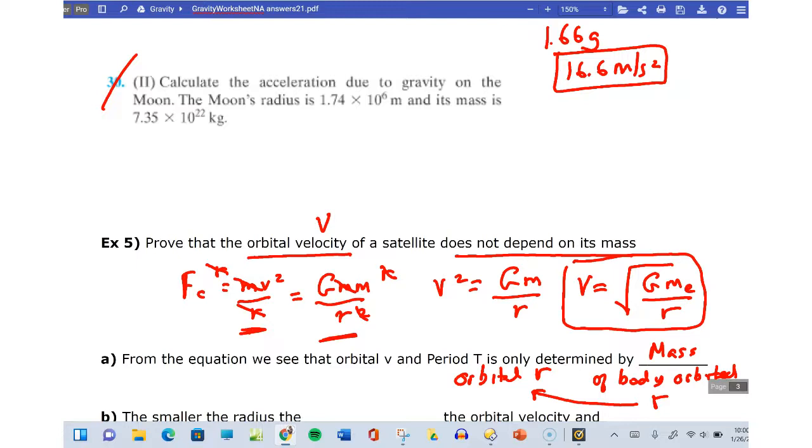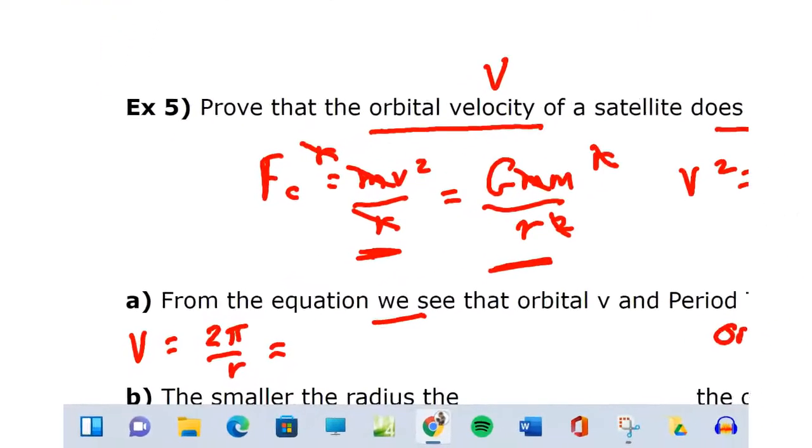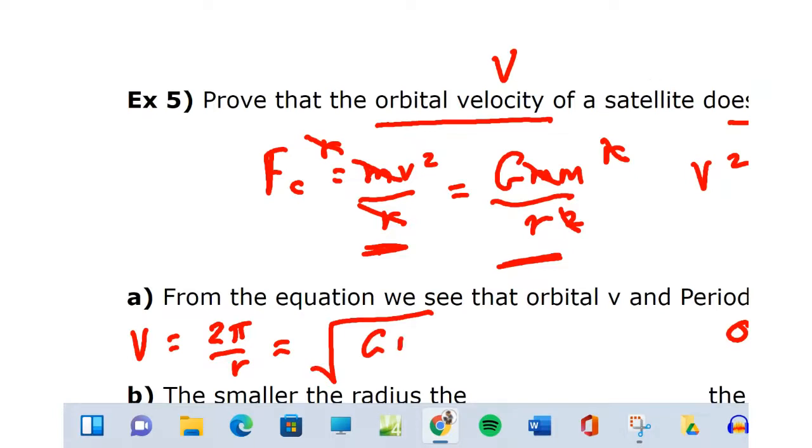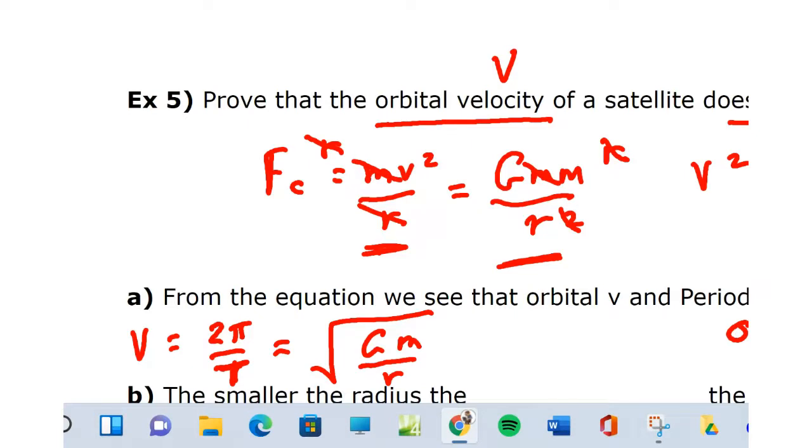Now let me show you about orbital period. v equals the radical of GM over r. Well, that's not 2 pi over r, it's 2 pi r over T. v equals 2 pi r over T. So what does the period depend on?